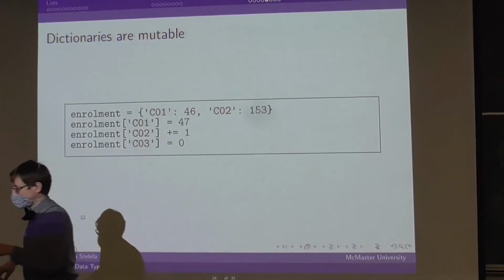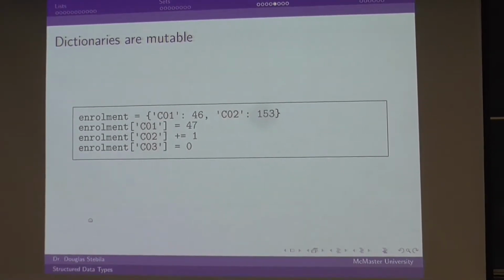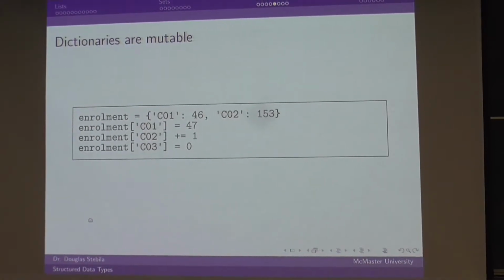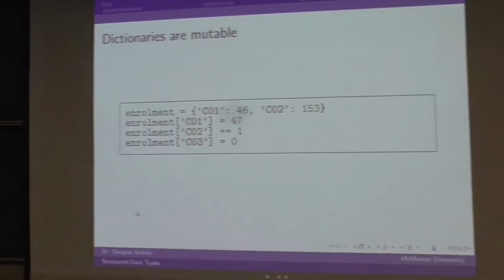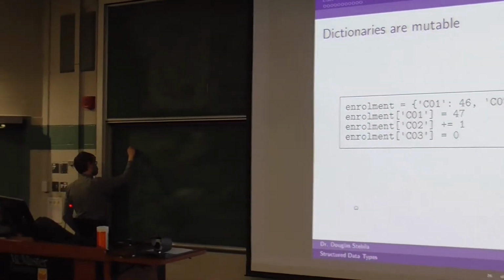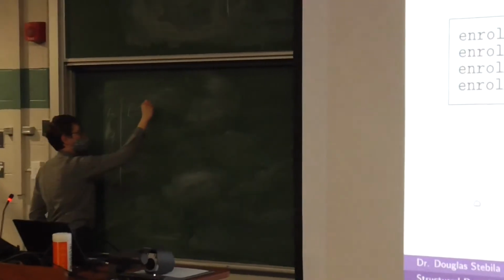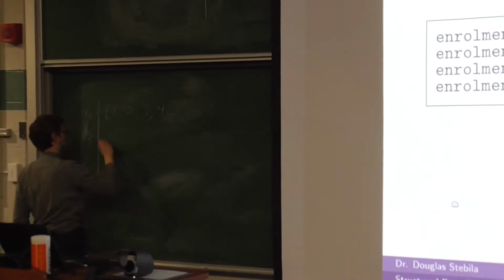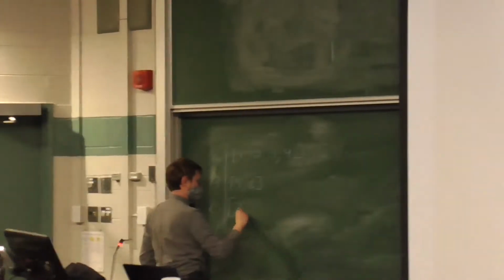That's an excellent question as well. So the question is, can you have multiple values pointing to one key? And the answer is yes, if you embed them in another data structure. So if you had, for example, A, B, and C, and you had 1, 2, 3, 4, 5, 6, 7, 8, 9.